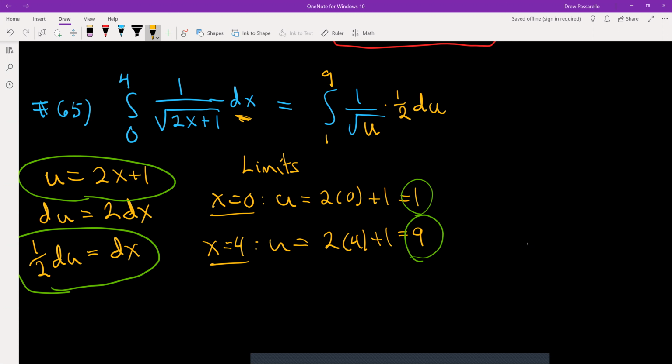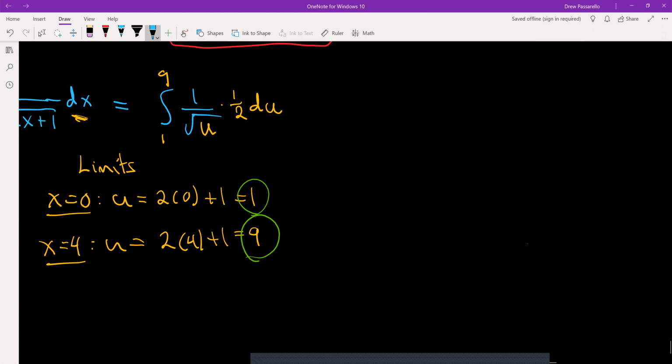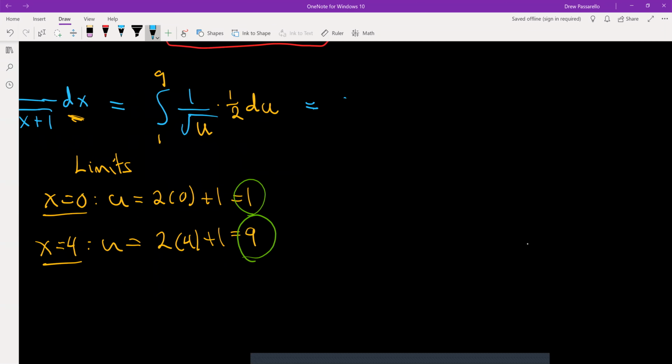All right, so integrating this, I'd factor out the 1/2. Now I have 1 over the square root of u. Well, we know the square root of u is u to the 1/2. But since it's in the denominator, by rule of exponents, that's really u to the negative 1/2.